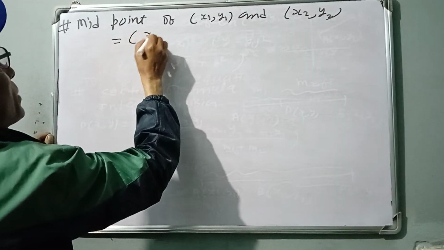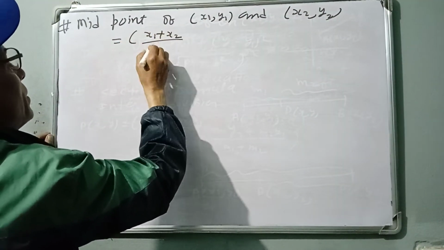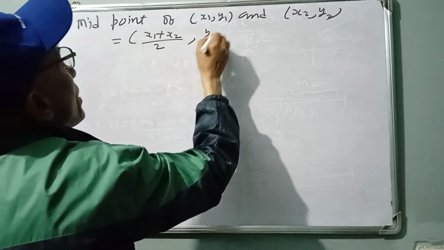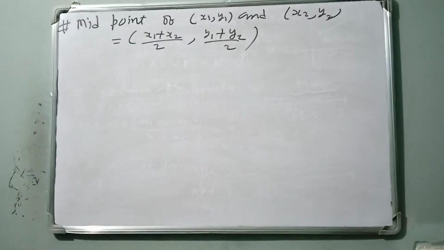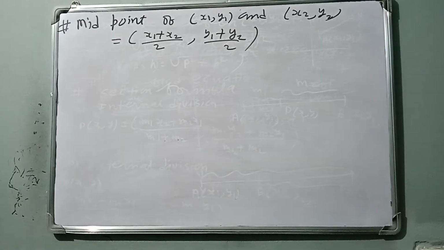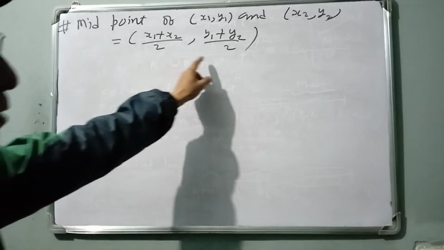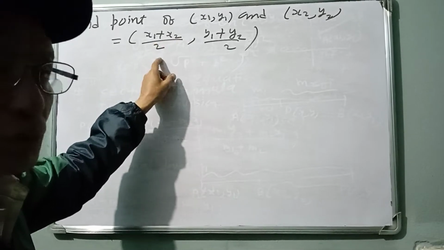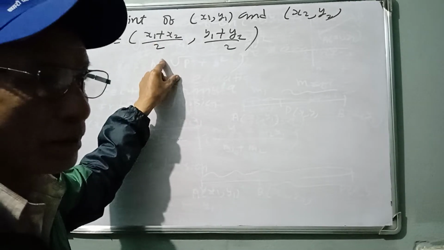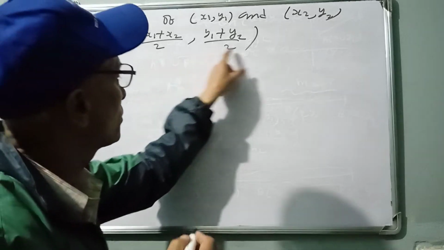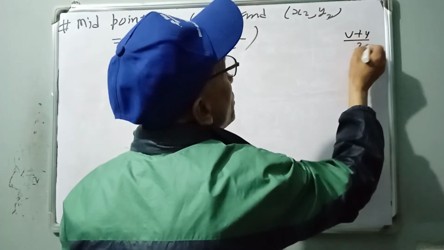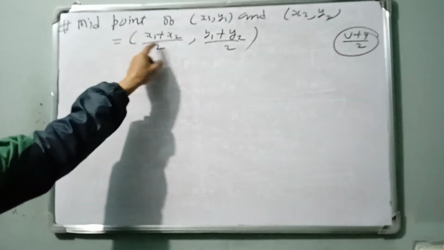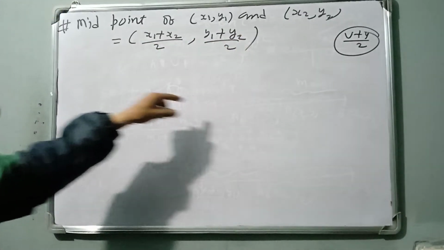Equal x1 plus x2 by 2, y1 plus y2 by 2. Suppose m1 equal 1, m2 equal 1, m1 upon m2 equal 1, 1 गरौँ. x1 plus x2 by 2, just like the average a plus b by 2, v plus u by 2, जस्तै average velocity v plus u by 2, just like x1 plus x2 by 2, y1 plus y2 by 2.